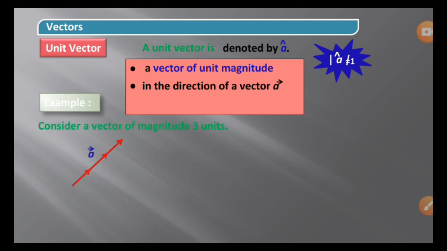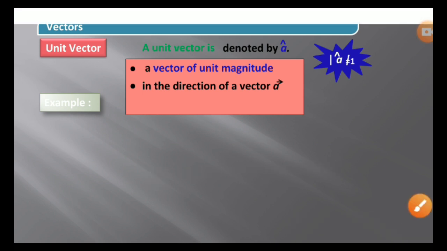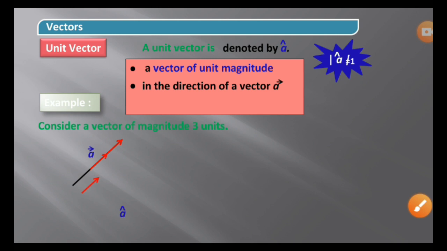Now consider a vector of magnitude 3 units. So A cap is one part, another A cap is another part, and A cap is the third part. Therefore, A cap is equal to vector A divided by the magnitude of vector A. So this is the unit vector concept.